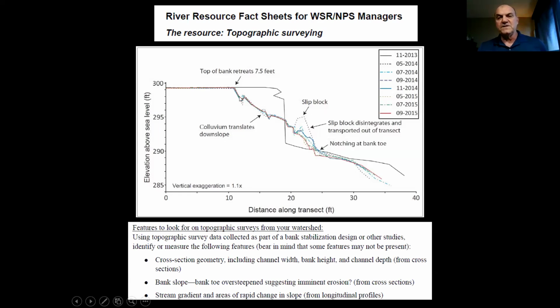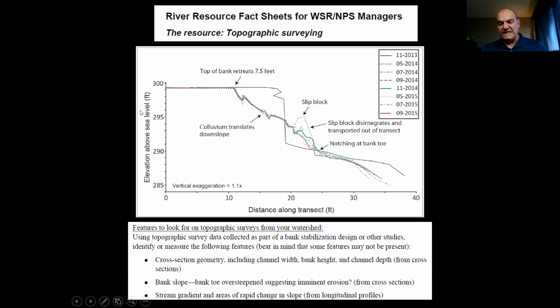But then subsequent to that, the block of sediment that fell off the top of the bank slowly melted down into the river over the ensuing couple of years. So this helps you understand how fast the erosion is occurring if you have time to monitor and decide what the best approach is based on how severe the erosion problem is.